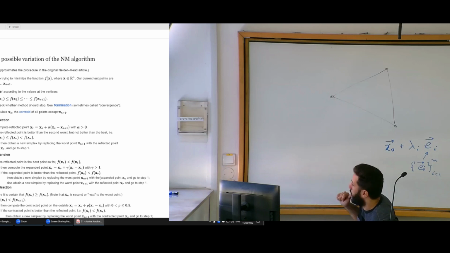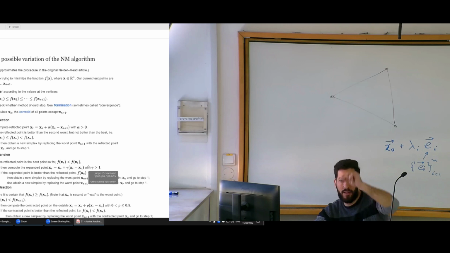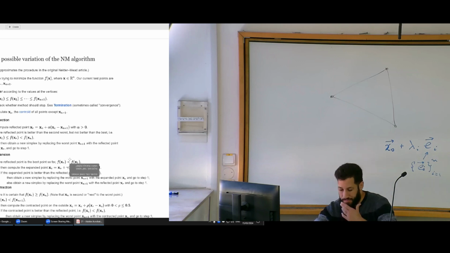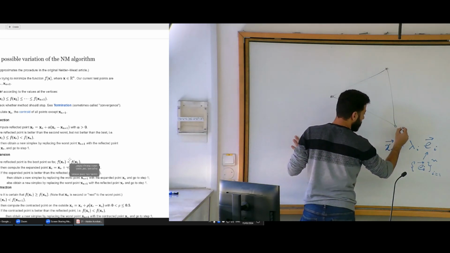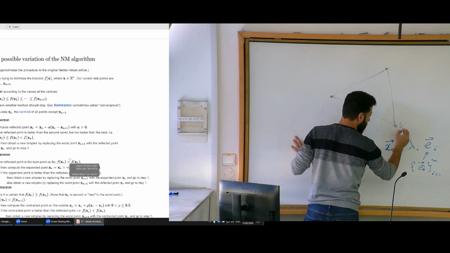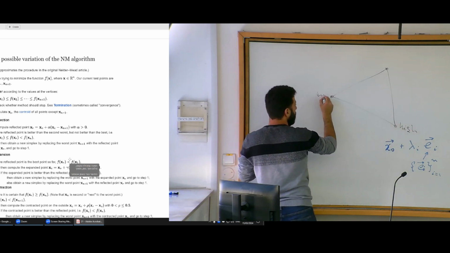And let's see, for example, two things in this algorithm. First of all, I order the points from the smallest value to the largest value, and I calculate the, if this is the bigger value, let's say this is the high, and this is the low.